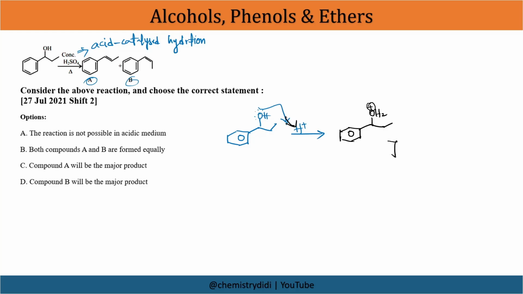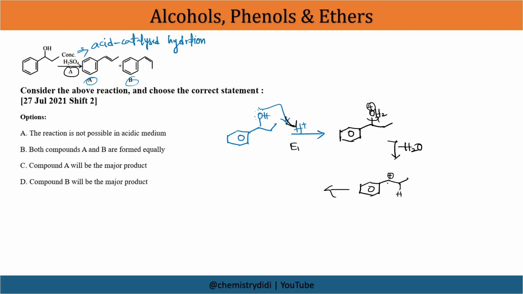And here what happens then? Water leaves as a leaving group. Water is a good leaving group, so it leaves, and then we'll get a carbocation over here. And what happens in the next step? Generally, it is an E1 mechanism. As they have given heat, with acidic conditions and heat mentioned, you'll understand it is an elimination reaction from the beta hydrogen.